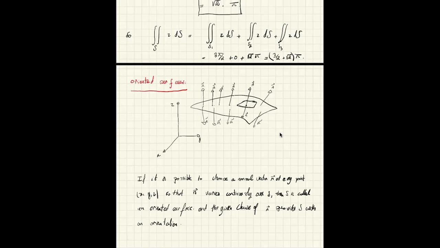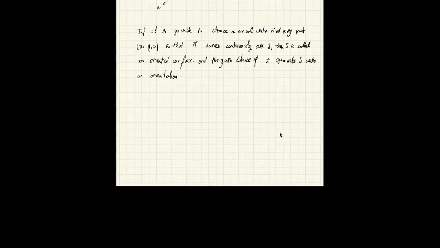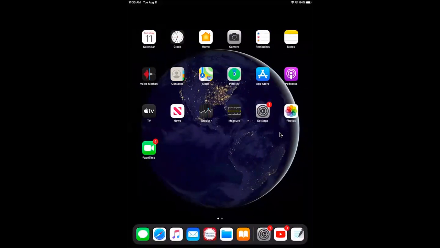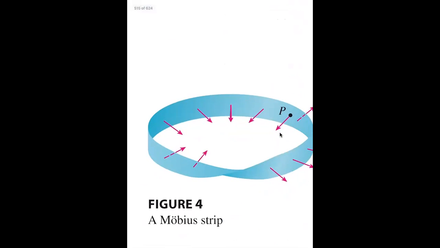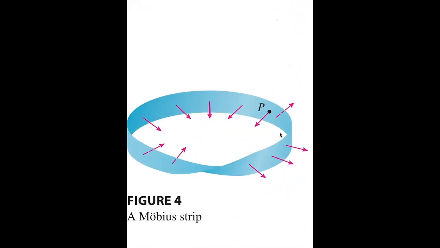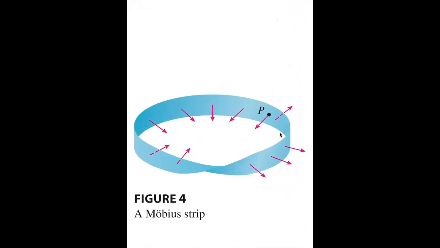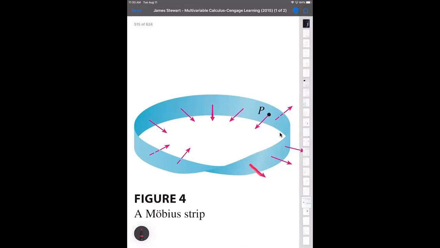Now you might ask, well, isn't it true that we can always do that? Like you can always choose n and it's going to be continuous. Well, the reality is there are some surfaces where it's never possible to do that. Here's an example of this kind of surface.